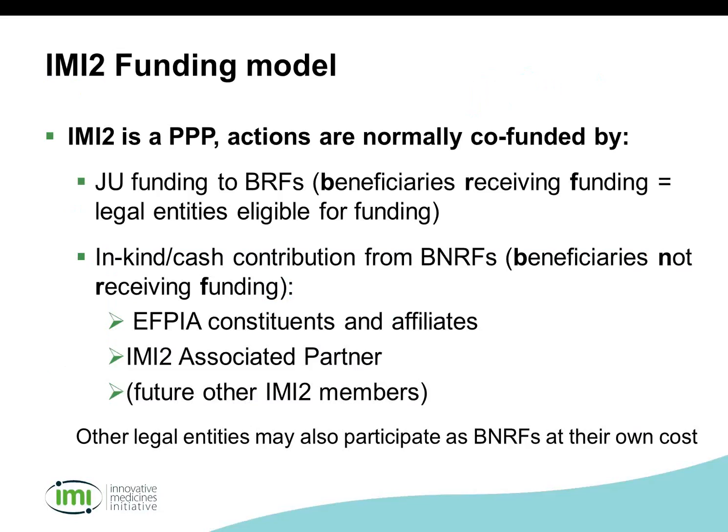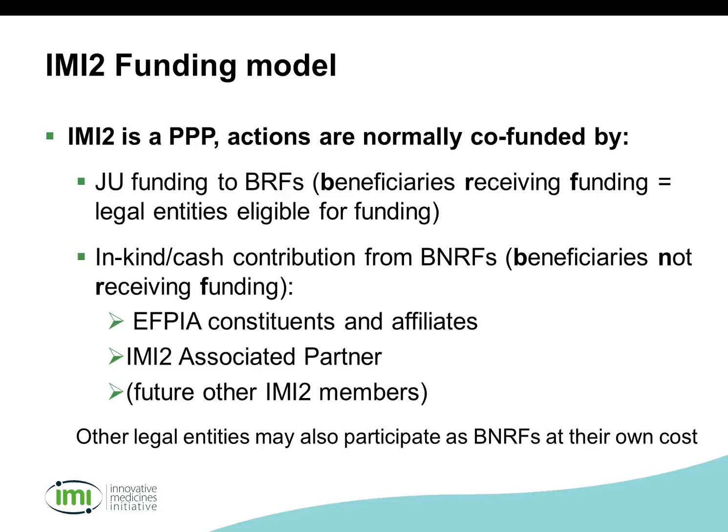Let's see how it works. How is the funding of IMI working? So as we said, IMI is a public-private partnership. Therefore, there are two sources of funding, or two sources of contribution, which coexist normally in an IMI project. On one side, we have the GU funding, as I said, which is allocated to beneficiaries receiving funding, which in other words are those who are eligible to receive IMI funding.